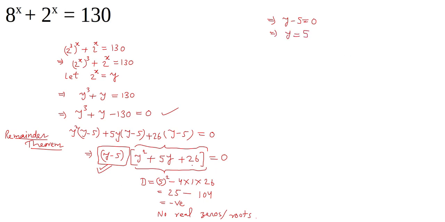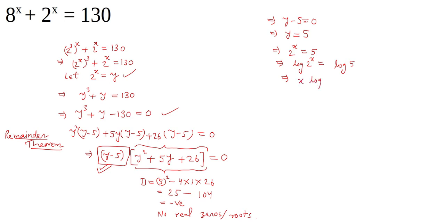Okay, because we assumed that y was 2 to the power x, from here we write 2 to the power x is equal to 5. Taking log on both sides, we have log of 2 to the power x is equal to log of 5, and x will come out as a product using logarithm.